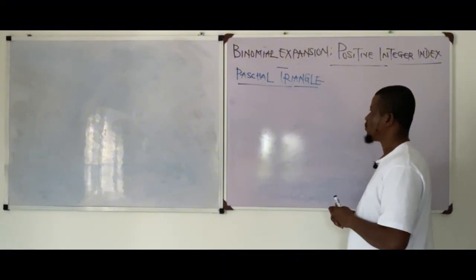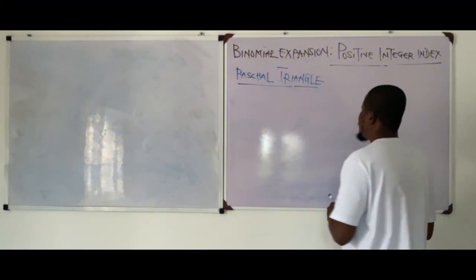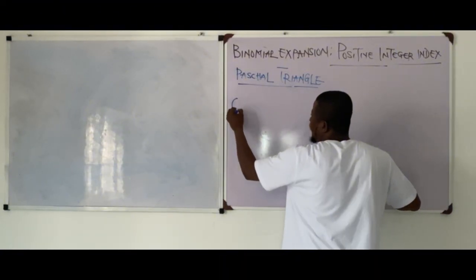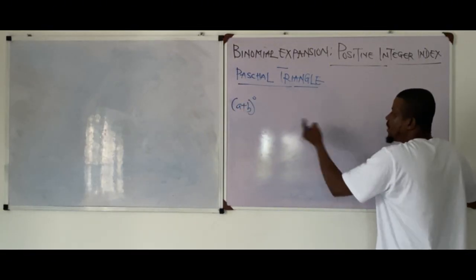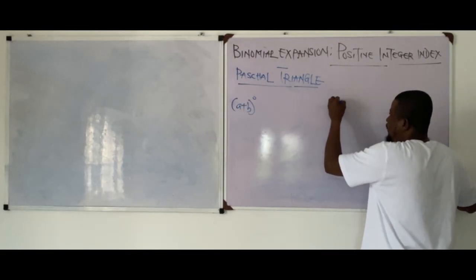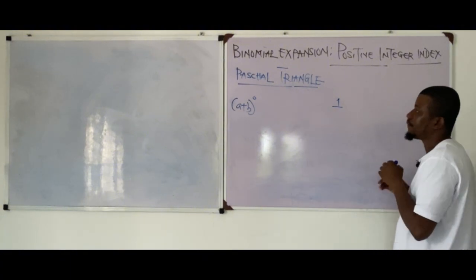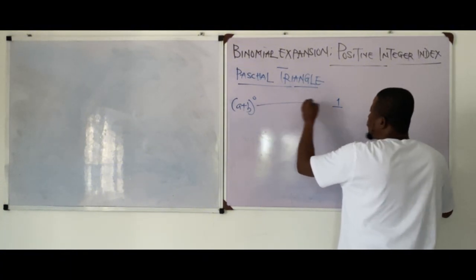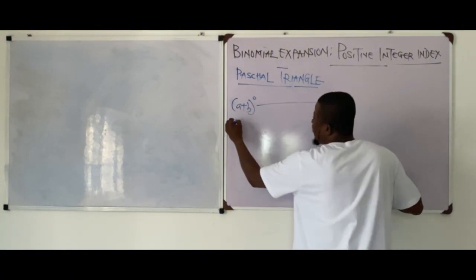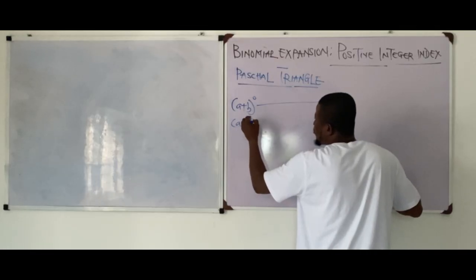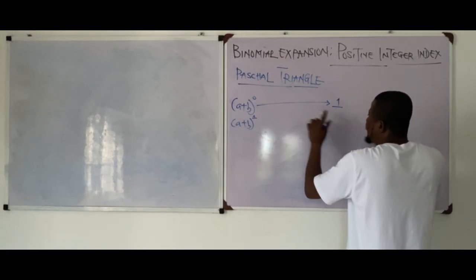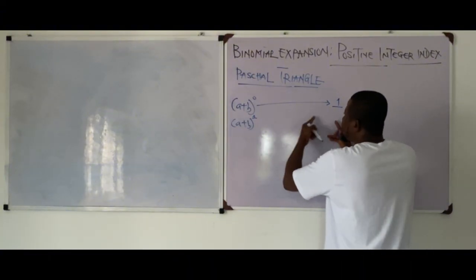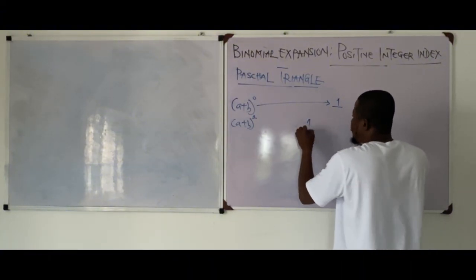Now, let's see how it works. Let's say I have (a + b) to power 0. We know that anything raised to power 0 is 1, right? So this gives you 1. Now let's say I have (a + b) to power 1. So Pascal triangle says definitely the coefficients here will be 1, 1.